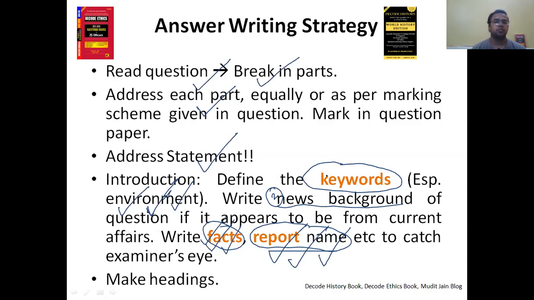For example, there are reports on border management. There are committees on tackling Naxalism. So you need to have names of such reports or names of the heads of such bodies, so that you can quote them in your answers.